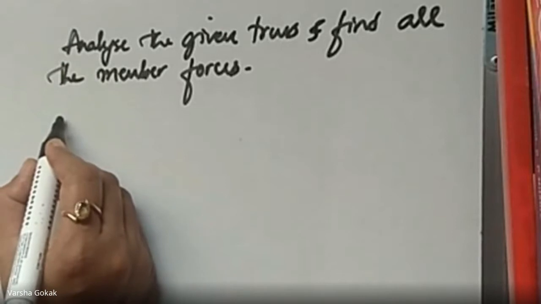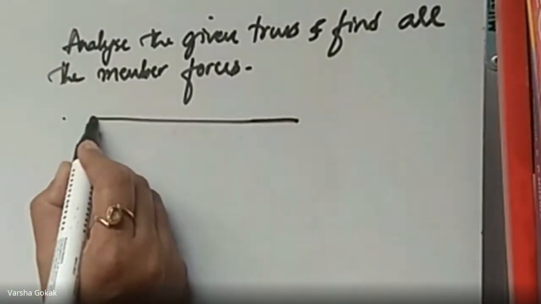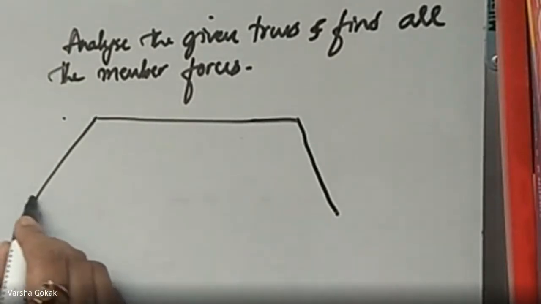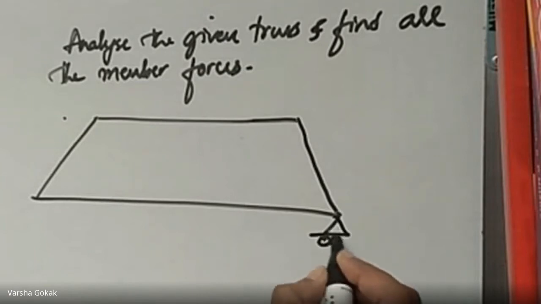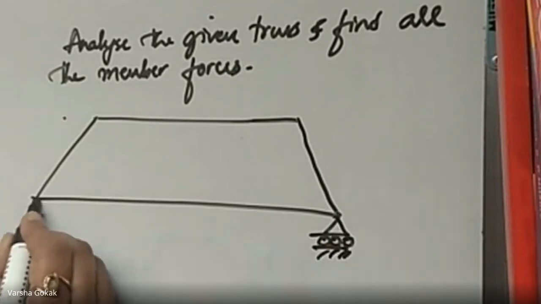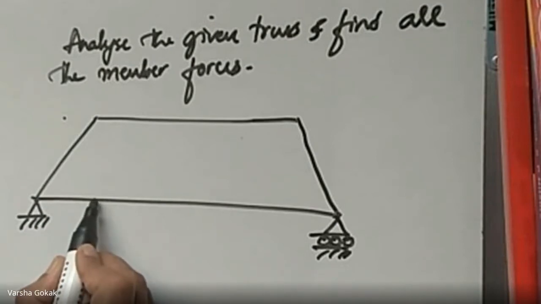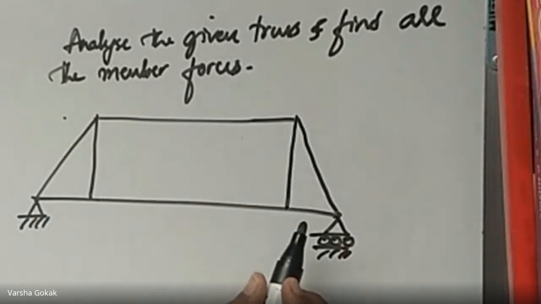The truss goes like this. Okay, one side it is roller, one side it is hinge. Okay, I have two members in this manner.